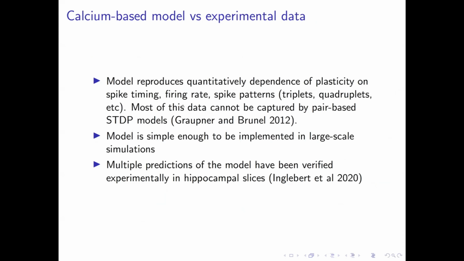So this model, which goes one step towards biophysics by implementing some landmark features that are observed in experiments, goes a long way towards capturing quantitatively all this data that cannot be captured by STDP models. Furthermore, it's simple enough to be implementable in large-scale simulations.